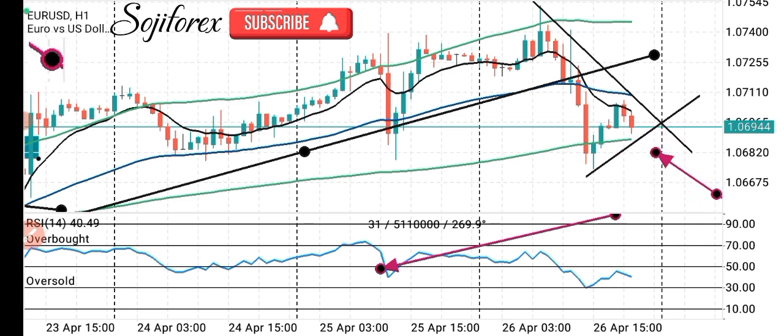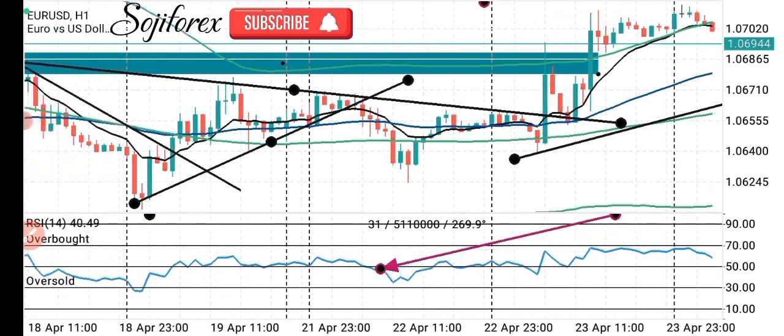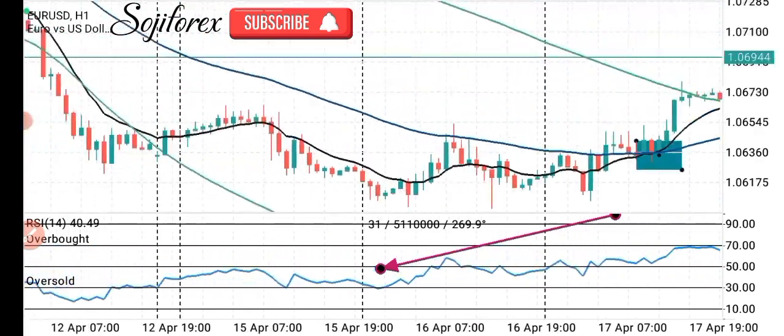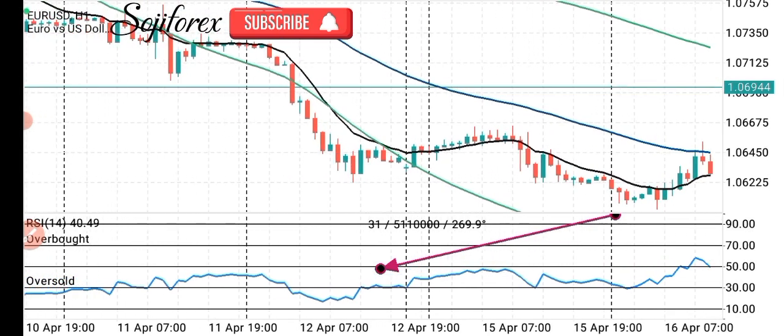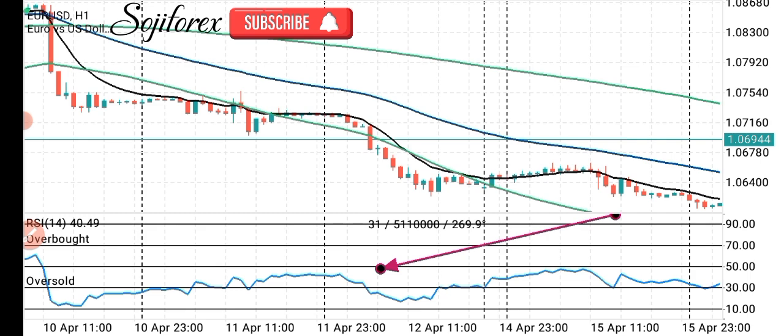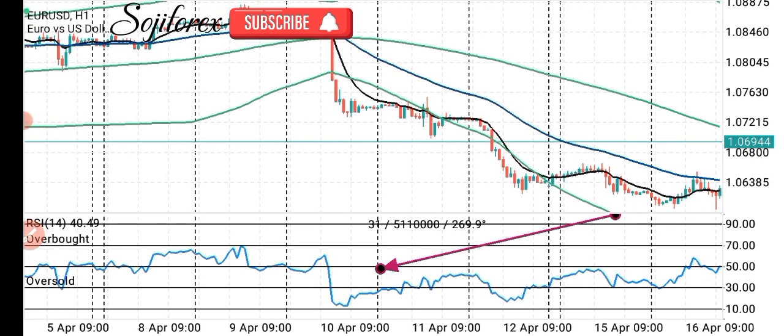Then you make your entry at the close of that candle. So this is how to go about trading using indicators. Mark out your area of support, your area of resistance, then you combine it.